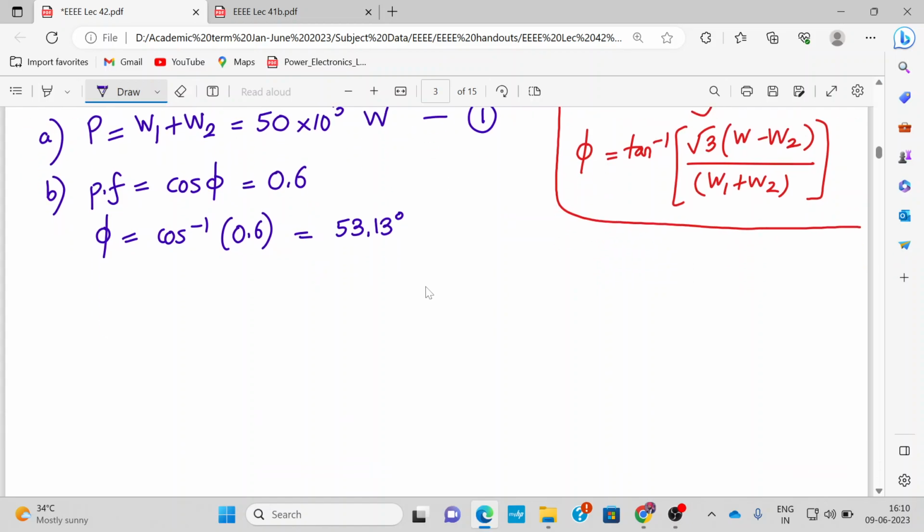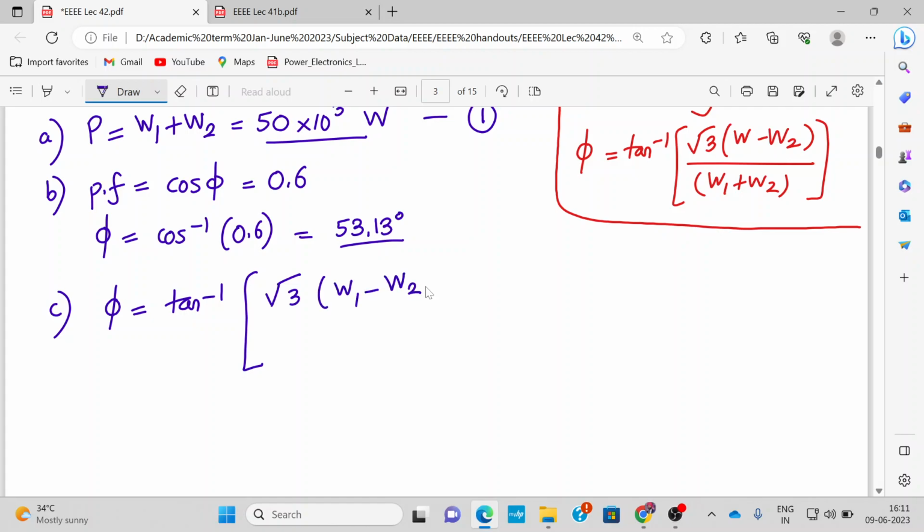Alright, so phi we have calculated, and we have the total power. Now the formula for phi is tan inverse of root 3 times (W1 minus W2), the whole divided by (W1 plus W2). I can write this as tan phi also, no problem at all.